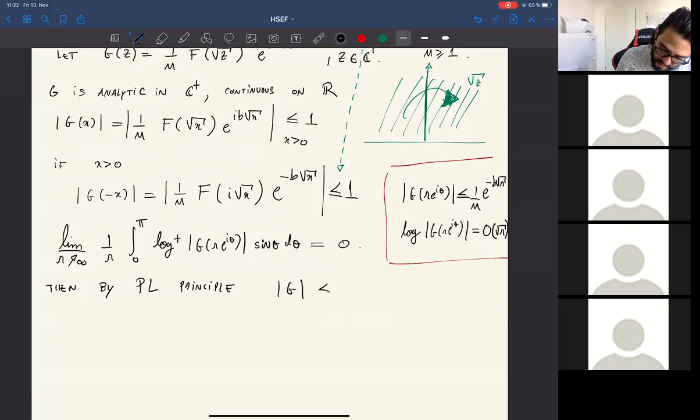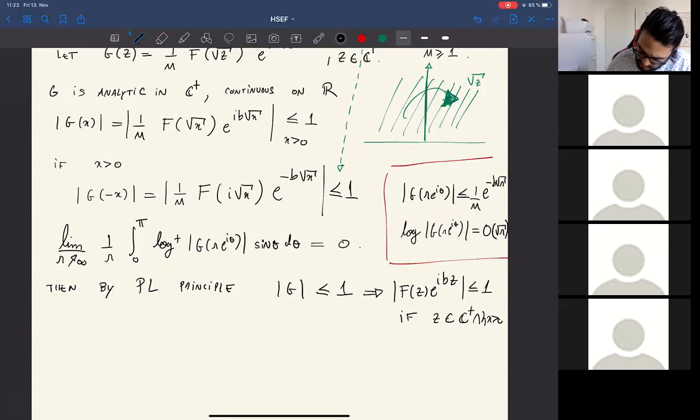G is less or equal than 1, which is the same to say, since I'm mapping everything to this side, that f of z e^{i b z} is less or equal to 1 if z is in the upper half plane intersection with x positive.